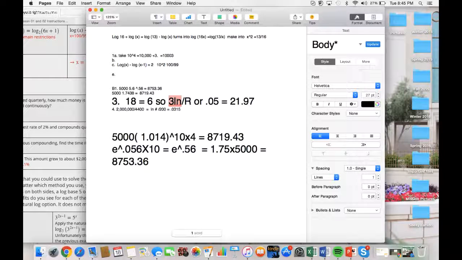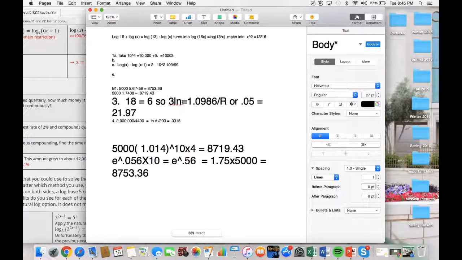I don't remember what that's called. Either way, if you find ln 3, that's equal to 1.0986. And then you have to divide it by the rate, which is 0.05, right? Which equals 21.97. Simple enough, right?